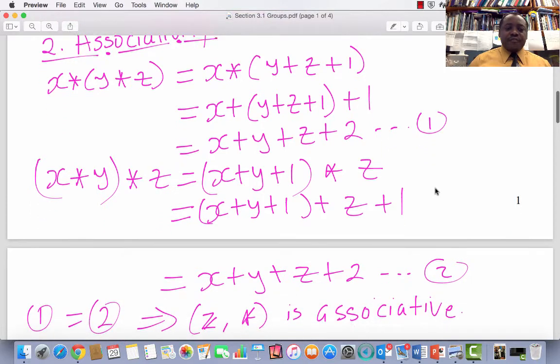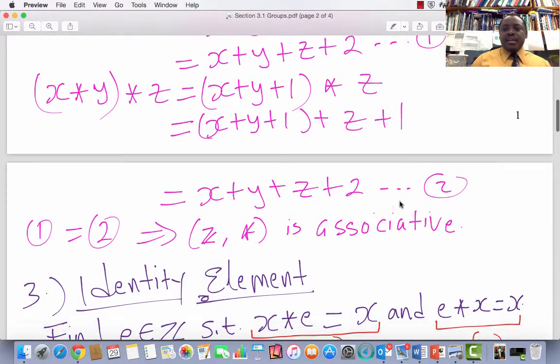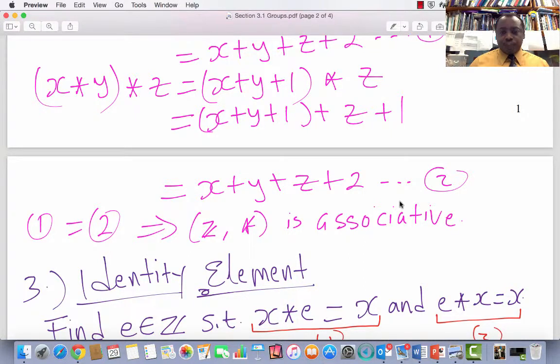We now verify (x star y) star z. We start with x star y. That gives us x plus y plus 1, star z. All of this is one component, and this component star z gives us x plus y plus 1 plus z plus 1 by the definition of our binary operation star.